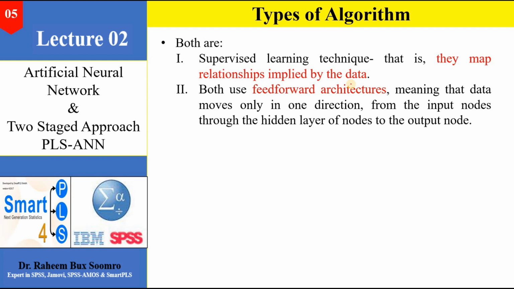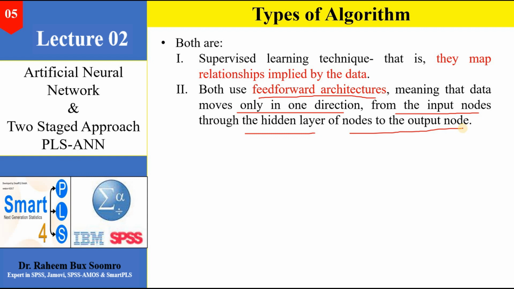And then the software will use the feed forward architecture, meaning that the data moves only in one direction, from the input nodes through the hidden layers of nodes and then the output node. This is the process of the feed forward architecture.